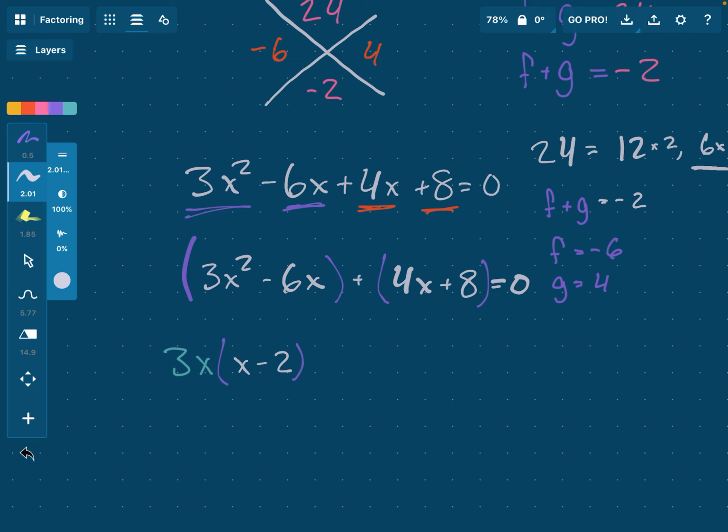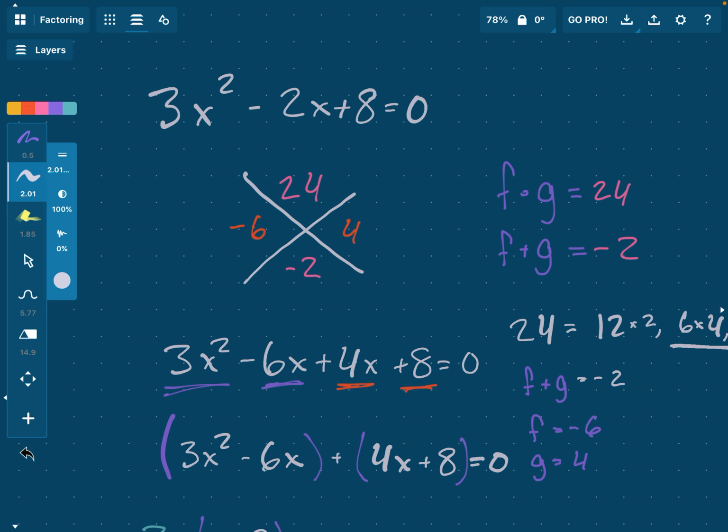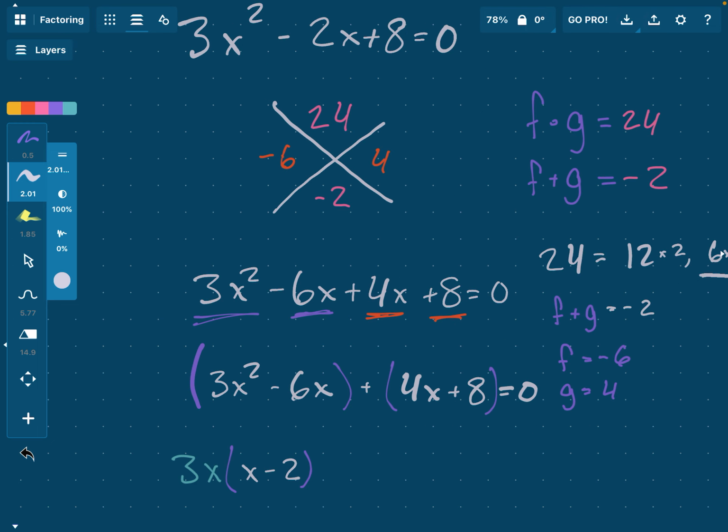So there has to be something which we did slightly wrong on this one. And this is the 3x squared minus 2x plus 8. So let's see what we did wrong, and if it's actually solvable in the way that I was hoping that it is.